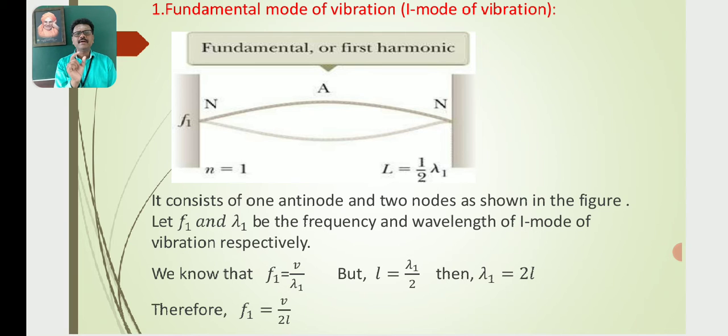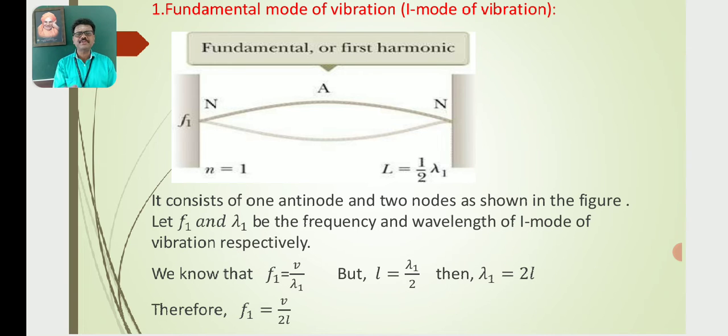From the diagram, L is equal to lambda 1 by 2, because the length of one loop or segment is equal to half of the wavelength, and the distance between two consecutive nodes is half of the wavelength.